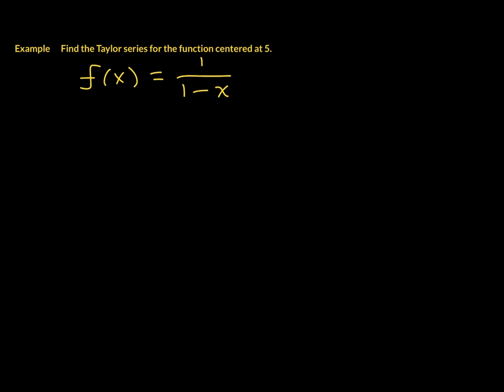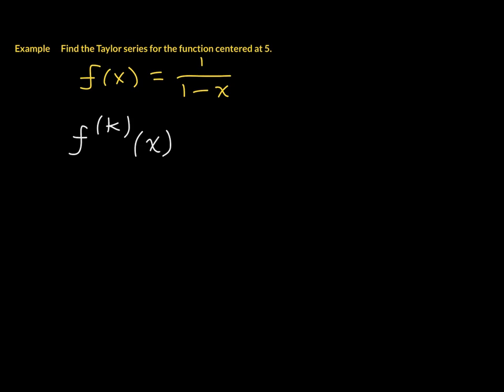So we know that all of the derivatives will be of this form if you are finding the kth derivative, centered at 5, evaluated at 5. Actually, let's make this x, and then we'll plug in 5 after.